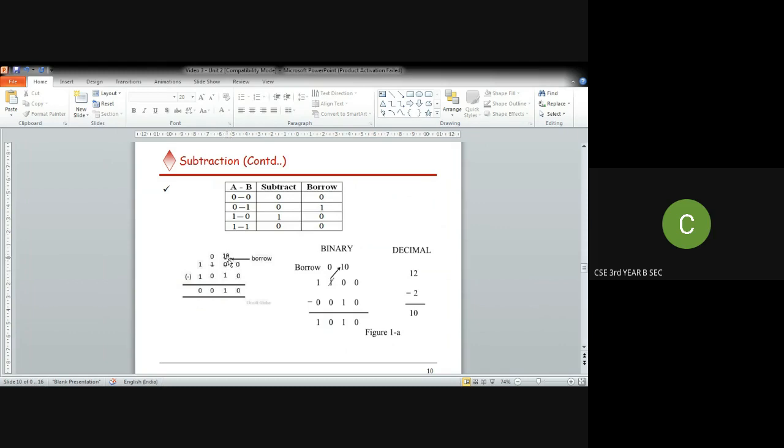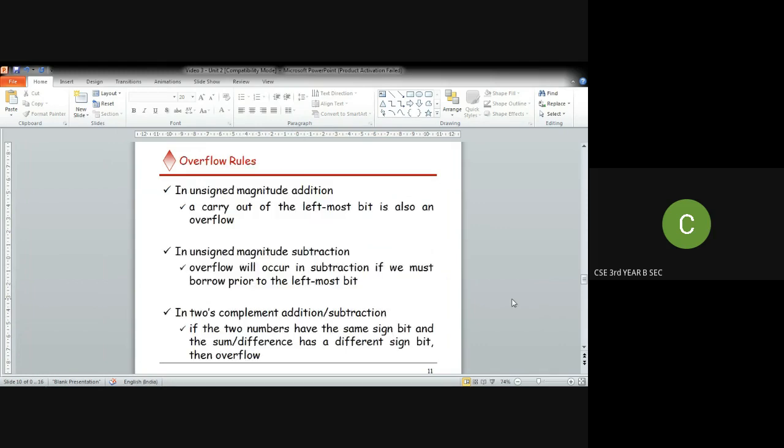From 10 we subtract 1, so 10 minus 1 is 1, and now this 1 is given as a borrow to the neighbor bit, so it will become 0. So 0 minus 0 is 0, 1 minus 1 is 0. So this is the answer. This is the way the subtraction can be performed.